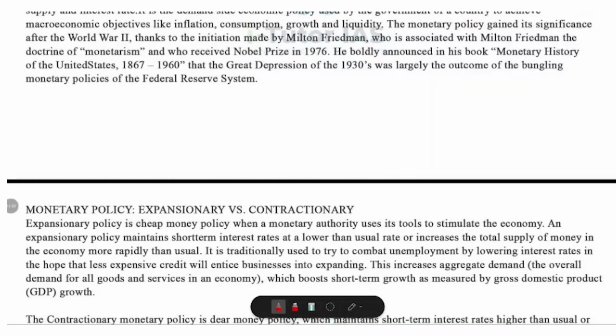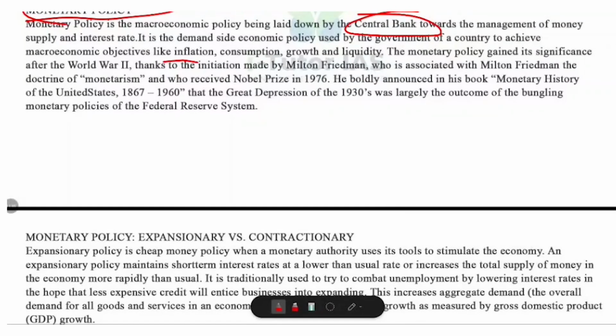The main idea is simple. By controlling the availability of money and the cost of borrowing, that is interest rate, the central bank tries to achieve key economic objectives such as controlling inflation, promoting growth, ensuring price stability, maintaining adequate liquidity in the system and so on. Now let's look at a bit of background. Monetary policy became very significant after World War II.